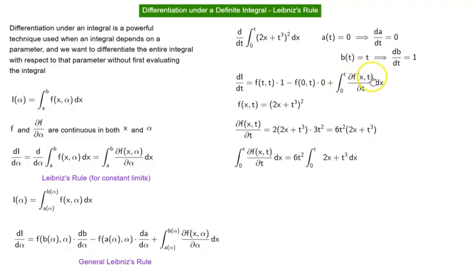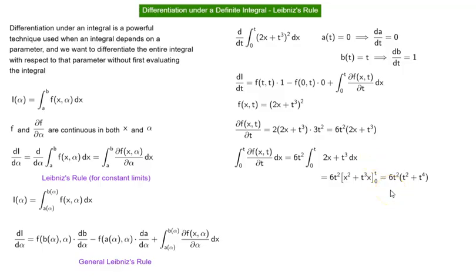Now the integral of this partial derivative from 0 to t is equal to 6t square constant times the integral 0 to t of 2x plus t cube dx, which is equal to 6t square times x square plus t cube x from 0 to t.